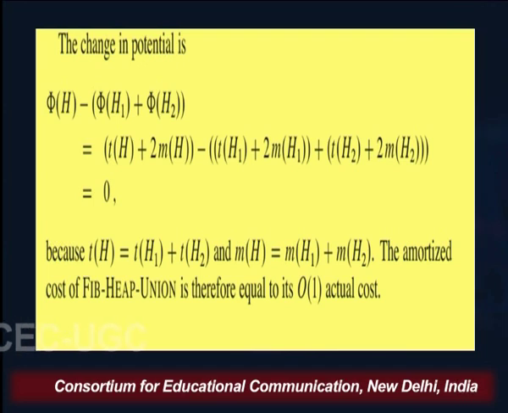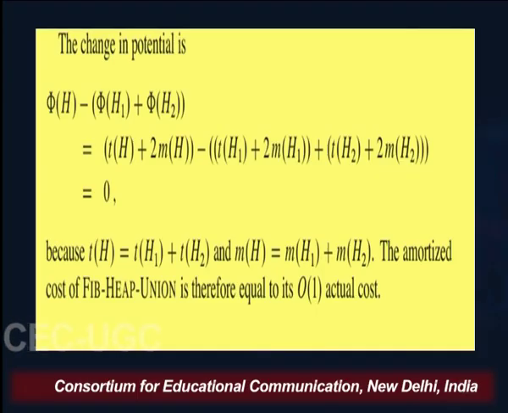The change in potential which we are going to calculate is: the new potential is phi(h), and the potential we are missing out is that of the two heaps we have destroyed, so that potential is to be subtracted from the newly added one. That is why phi(h) minus phi(h1) plus phi(h2) within the bracket.